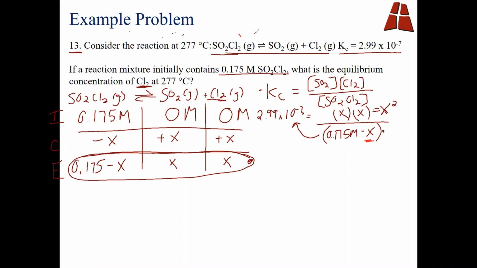This is called the x is small approximation or shortcut.